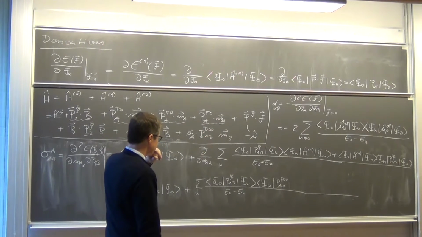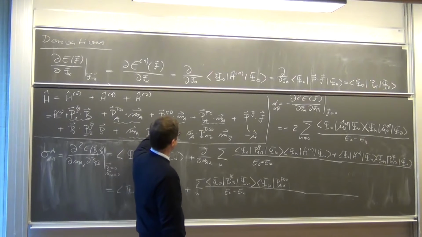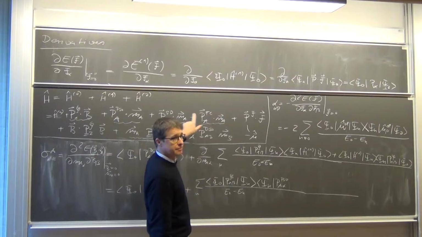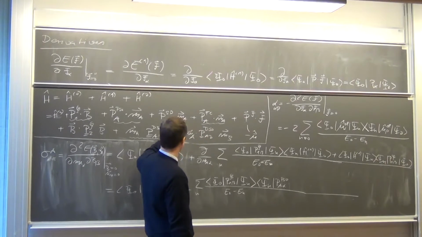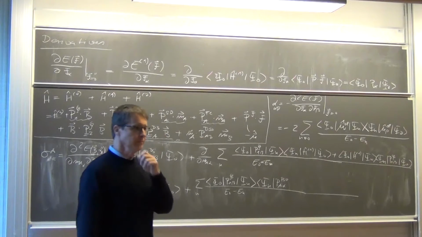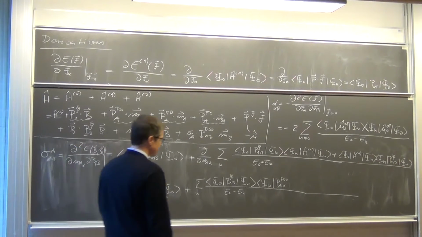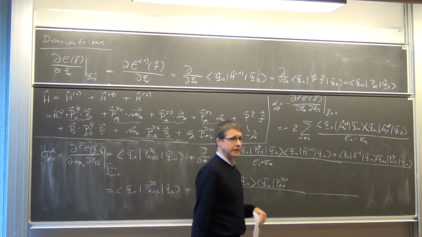Now remember both operators here from half an hour ago. They both included the electronic spin operator. So I would get terms in here which have the electronic spin operator.